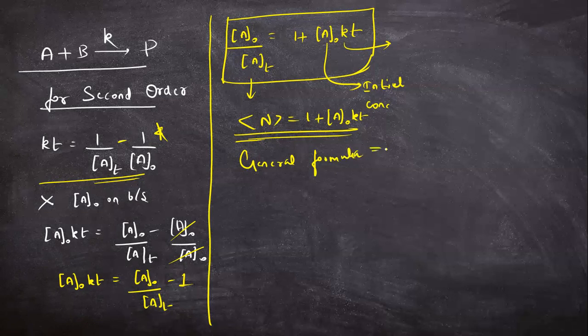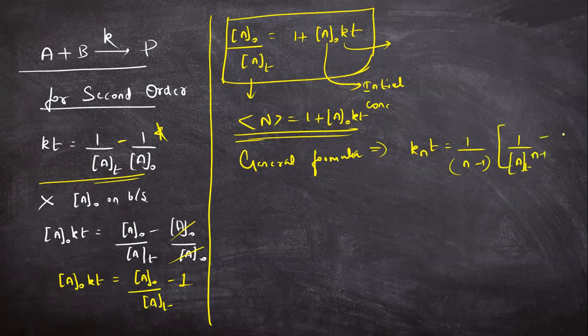It is K and T equals 1 upon n minus 1, whole bracket, 1 upon AT raised to n minus 1 minus 1 upon A naught raised to n minus 1. This is the formula which we use to get the actual formula.